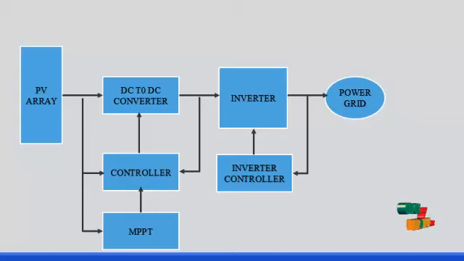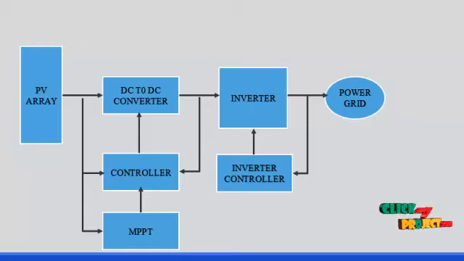The output duty ratio is fed into the sliding mode controller. In the sliding mode controller, the output of the DC to DC converter is also considered as the reference, and the PV voltage error is also considered. Finally the controller generates the pulses for the DC to DC converter.